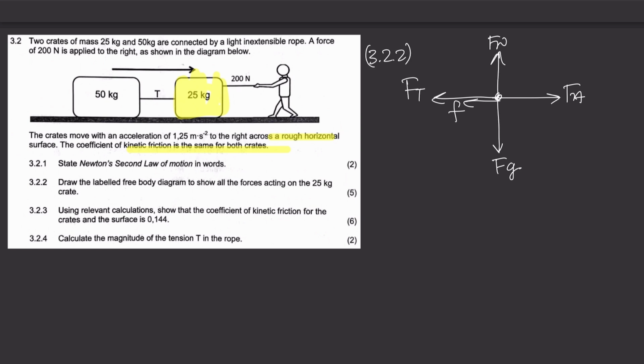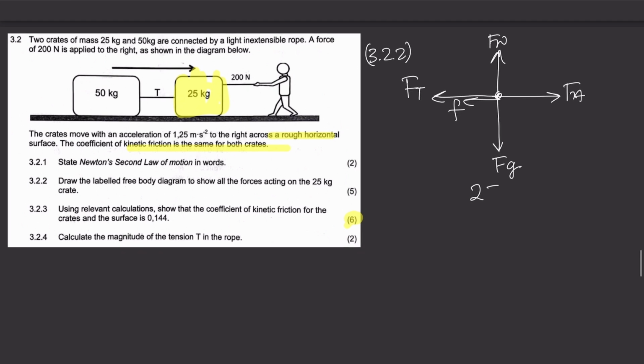3.2.3, using relevant calculations, show that the coefficient of kinetic friction for the crates and the surface is 0,144. Here, we've done questions like this before. A 6-mark question usually involves simultaneous equations. If not simultaneous, it's often going to involve multiple calculations. So this is for the 25 kilogram.